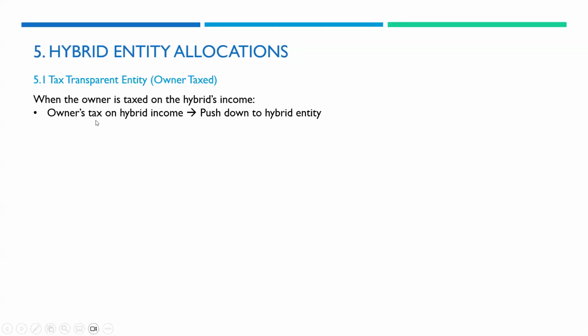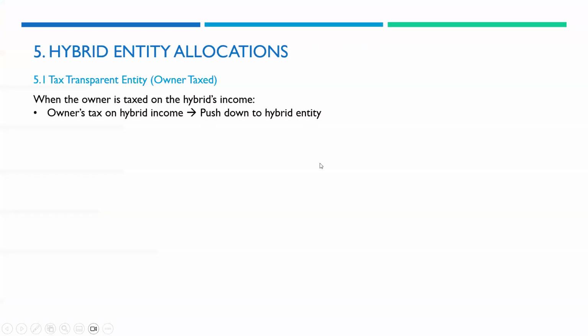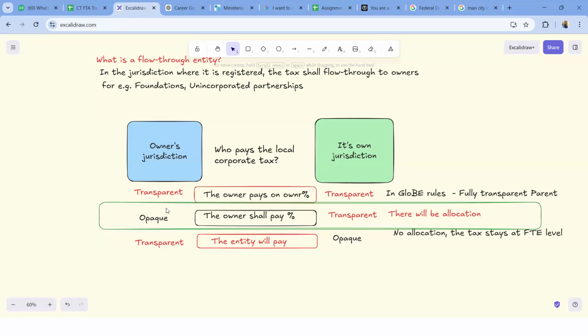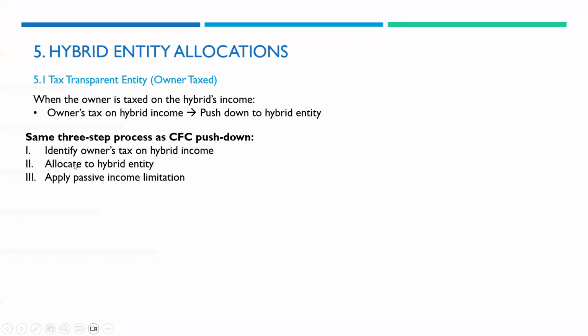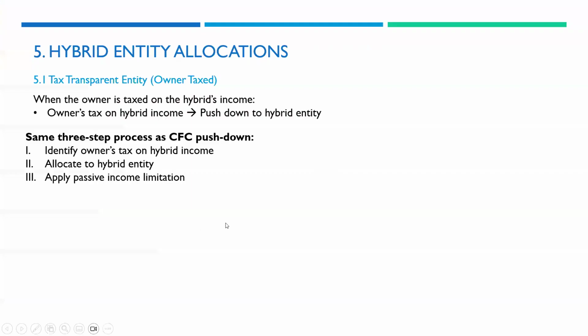So the owner's tax on hybrid income would be pushed down to the flow through entity, the hybrid entity. So you have to identify the owner's tax on this entity, allocate to the hybrid entity, and apply the passive income limitation here also, just like how we studied, the top up tax rate or the actual tax paid by the owner, whichever is lower.